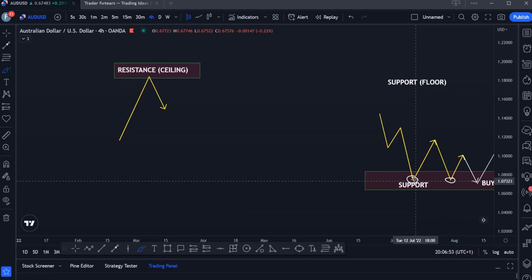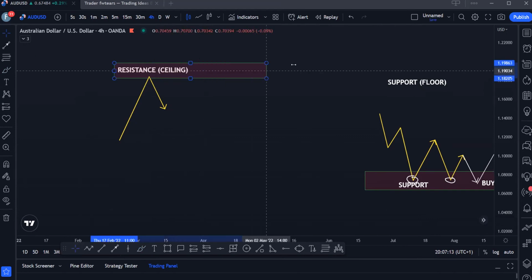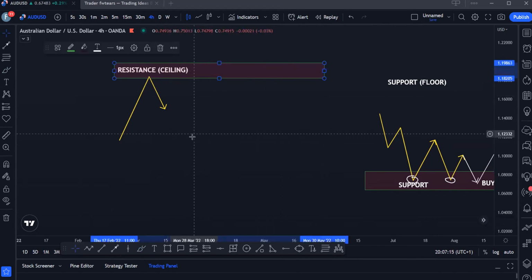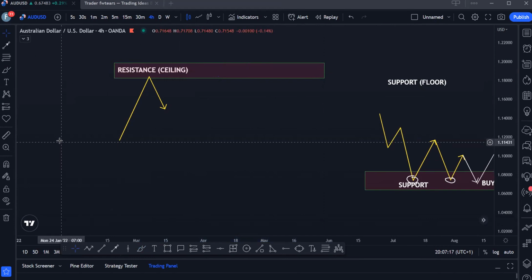A support zone is a zone in the market where buyers are looking to buy, where you have active buyers. All right. So in a resistance zone is where you want to be looking for sell. So we buy at support, and then we sell at resistance.